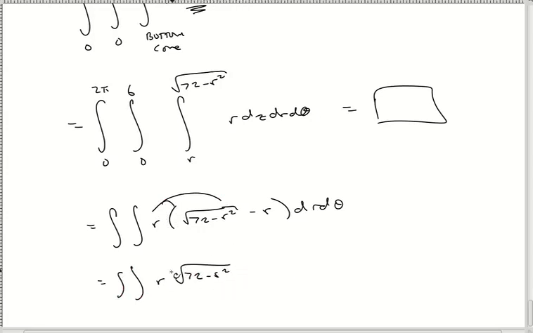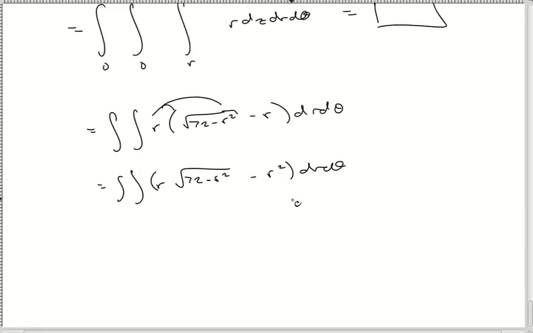I don't want to do that. And over here we got a square. Well, the square is super easy. You just r cubed over 3. This guy's a u substitution, right? And so du would then be negative 2r dr, etc. You're going to divide by a negative 2, essentially. So negative 1/2.